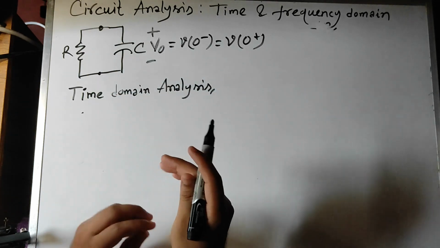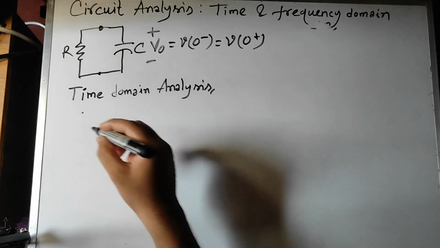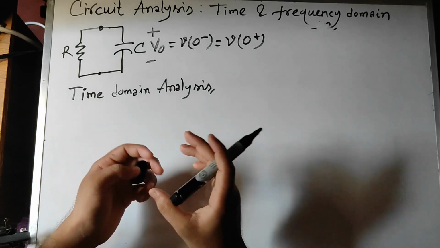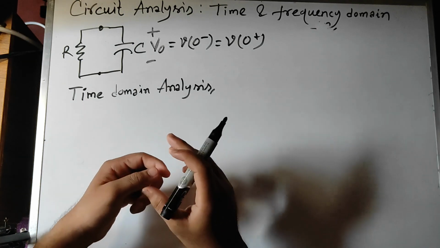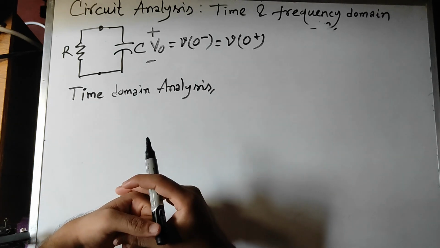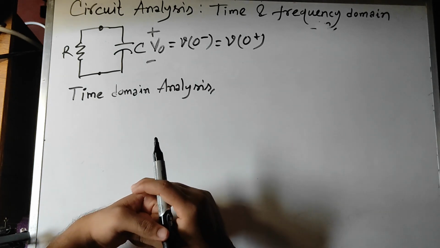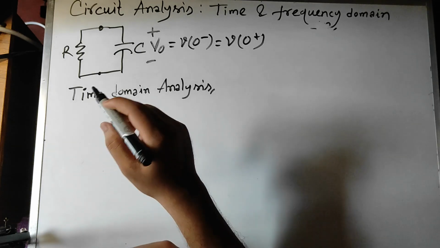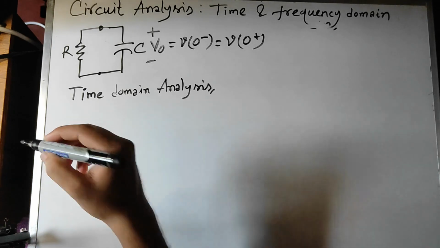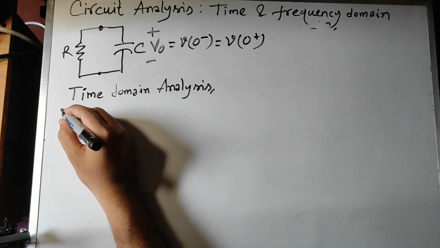This is also a linear circuit, obviously an LTI system. As the RC circuit is an LTI system, it abides by the superposition principle. Due to the superposition principle, we can apply KVL and KCL. So for the RC source-free circuit, we will apply KCL. For convenience, you can also use KVL.